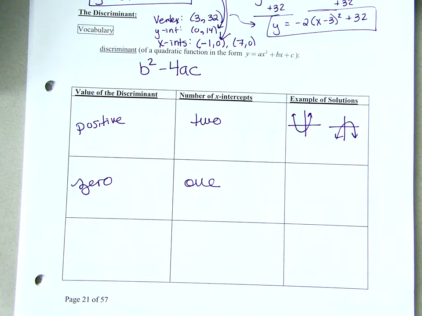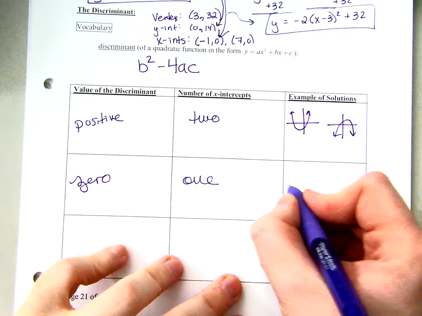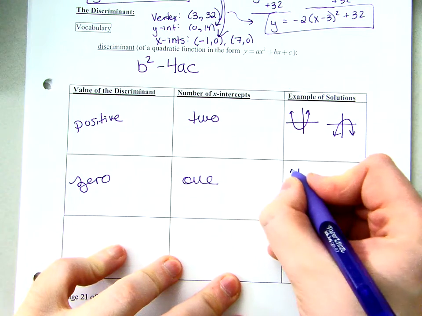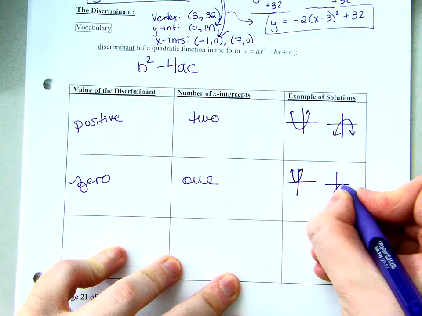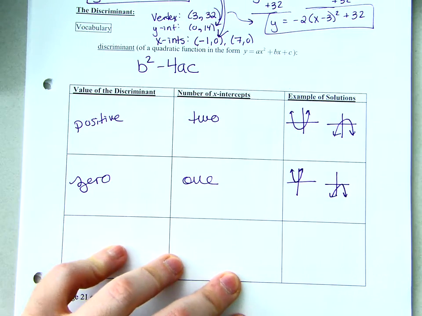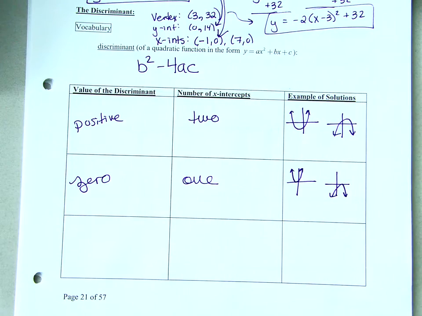Who can remind me what one x-intercept would look like? Brittany. Perfect. The vertex would be the x-intercept. The vertex would be right on the x-axis. Maybe a parabola like this, or maybe a parabola like that, just touching the x-axis, not crossing it.